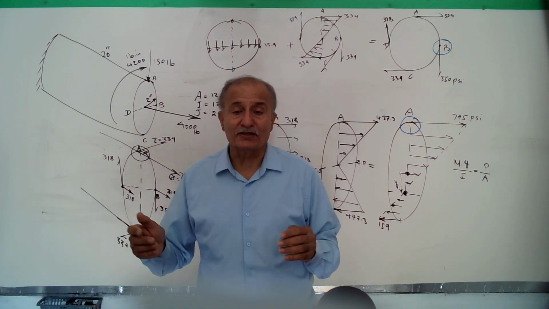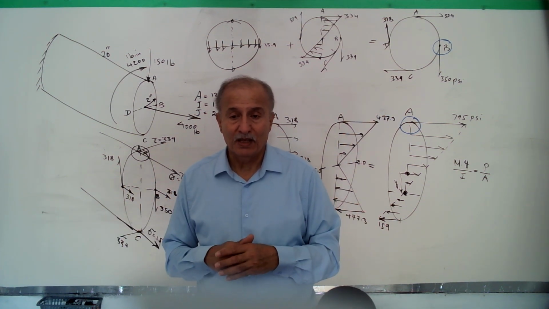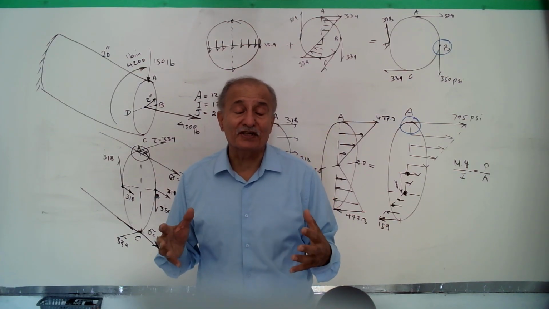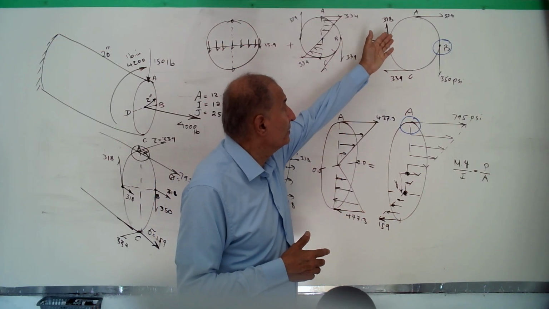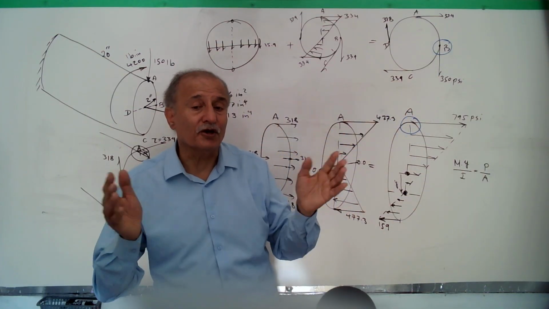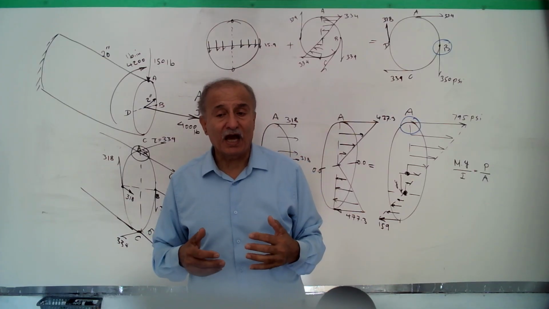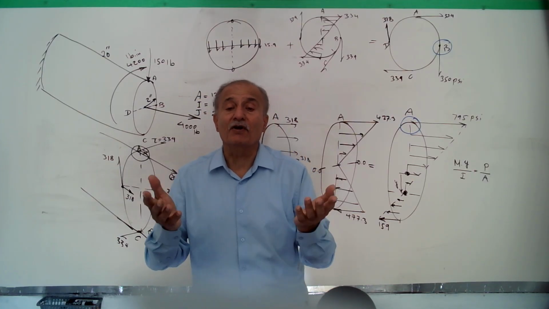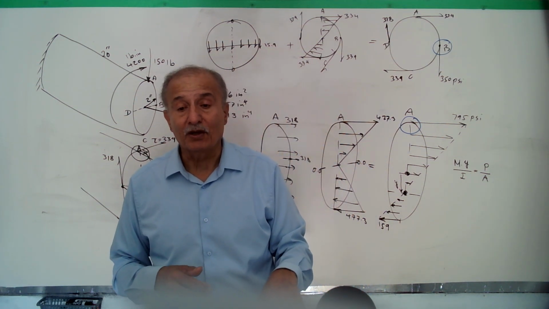We have two normal stresses, maximum and minimum. And also we can find the maximum shear stress inside the material, which is not this value, 350. No, larger than this. In the next video, we draw Mohr's circle, and you will see how this shear and normal stress combine together and give us a new state of stress inside the material.